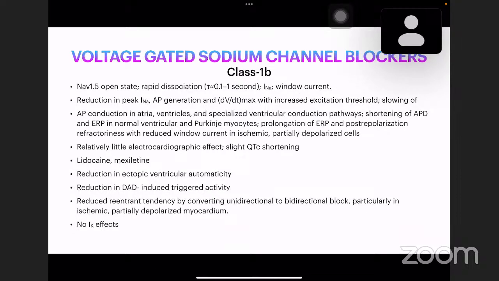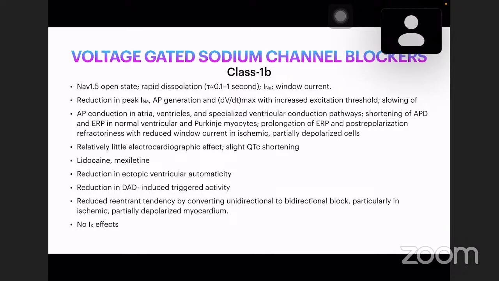Coming to class 1B. These drugs also act on the sodium channels in the open state, but they have rapid dissociation, with a small time constant of only 0.1 to 1 second.